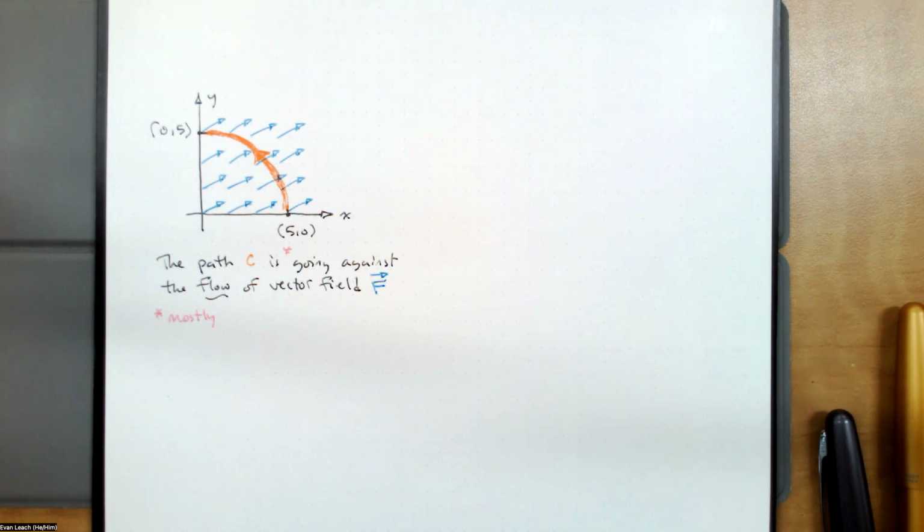Because we also noted, generally the vector field is flowing from left to right, but the path is trying to move from right to left. And so that says there should be negative. But if we think about the y-axis, the vector field is generally flowing up, and the path is generally also going up.